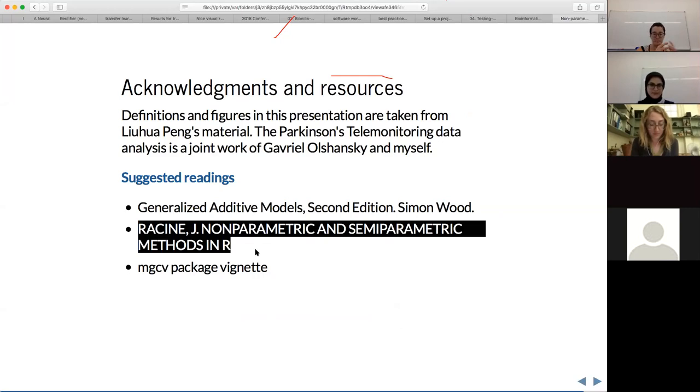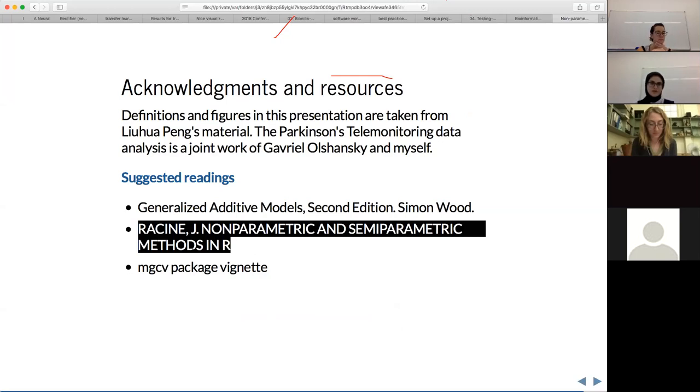It's not a theoretical introduction. It assumes that you have some background on semi-parametric, non-parametric modeling, essentially what we covered today. That should enable you to go through and easily read that article.